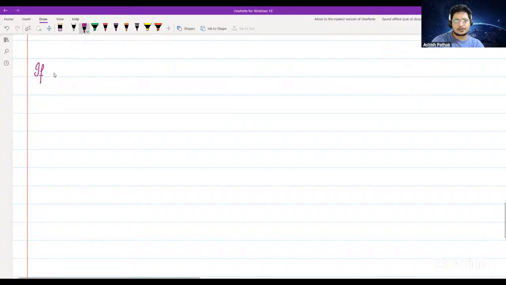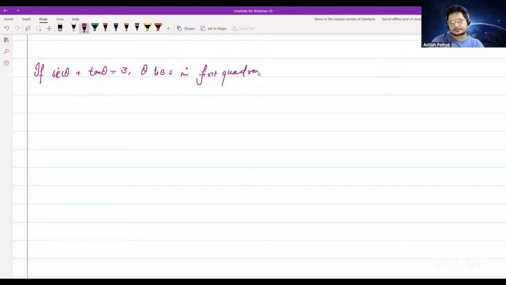If sec theta plus tan theta is equal to 3 and theta lies in the first quadrant, then you have to find the value of cos theta.